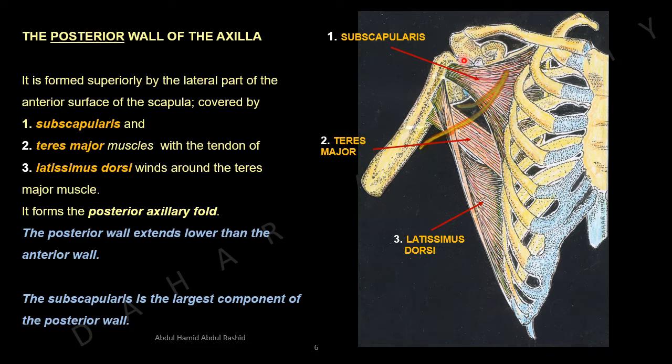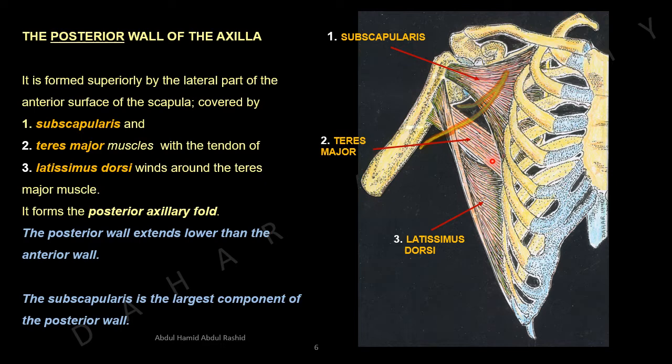It is covered by number 1, subscapularis muscle, number 2, teres major muscle, and with the tendon of number 3, latissimus dorsi muscle, which winds around the lower border of the teres major muscle. It forms the posterior axillary fold.